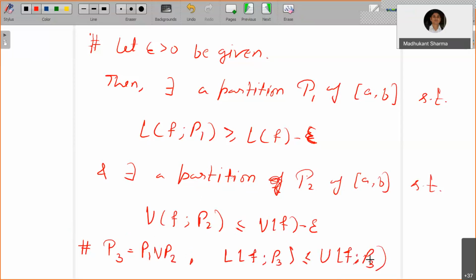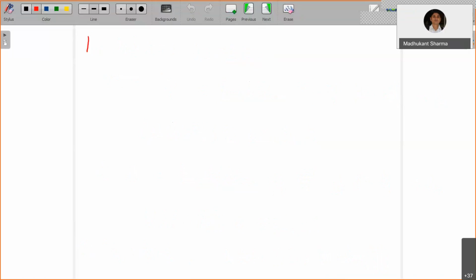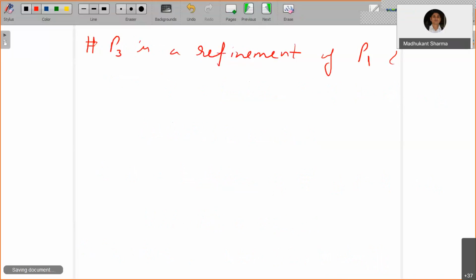Okay, so P3 is a refinement of P1 and P2 both.